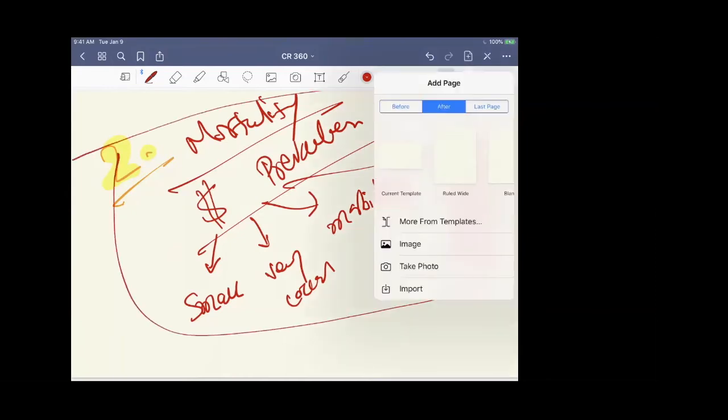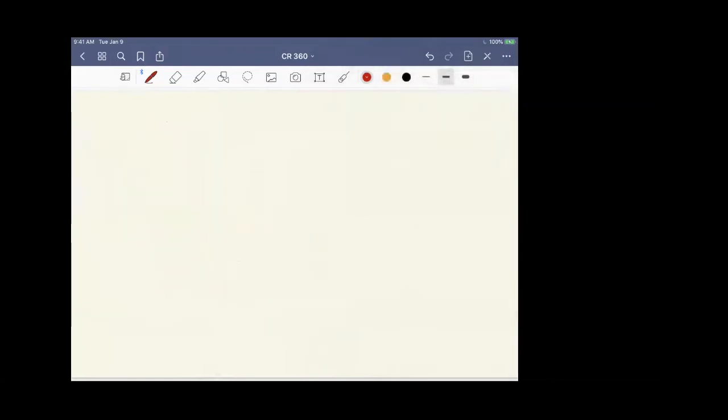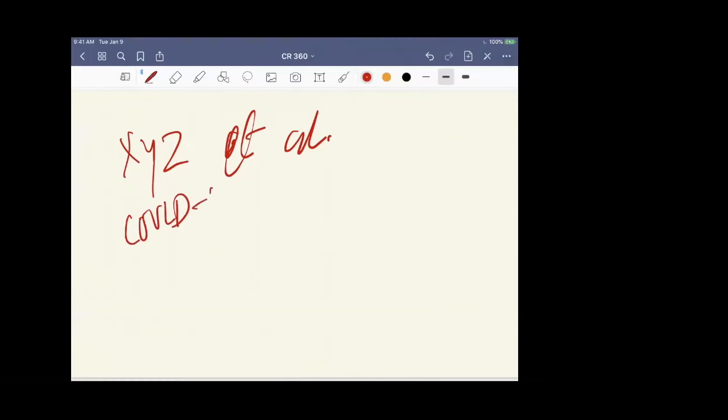For example, according to XYZ et al, COVID-19 increased the risk of stroke by 1.6 fold, right?